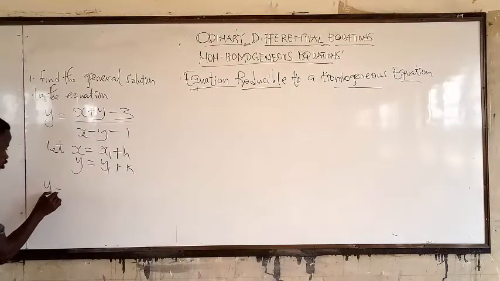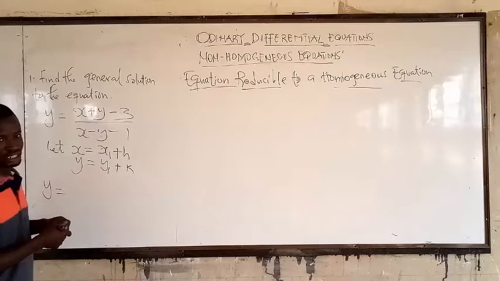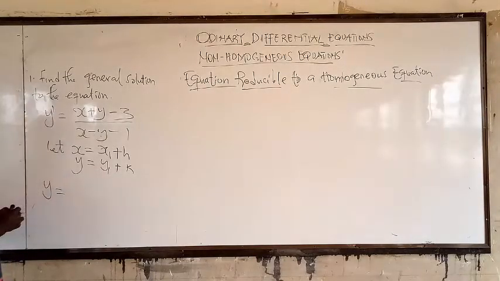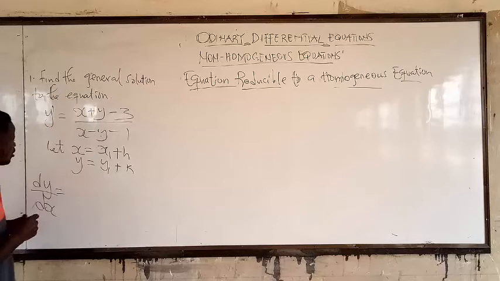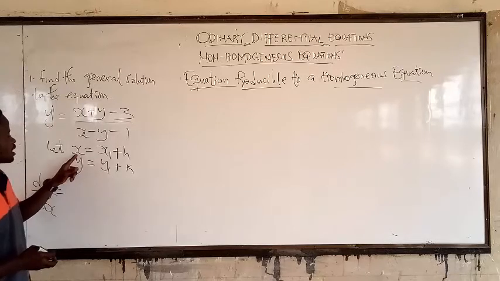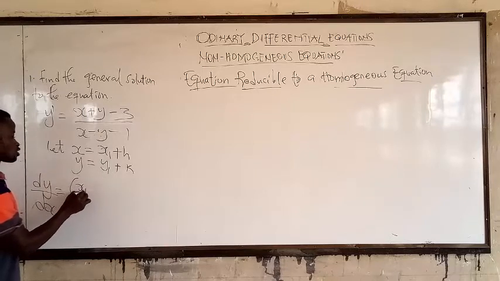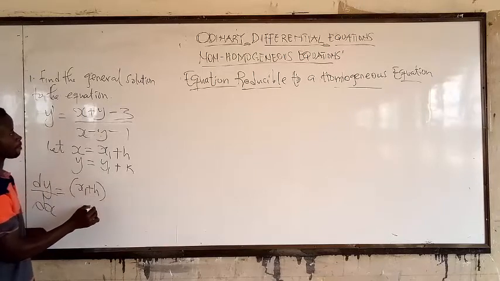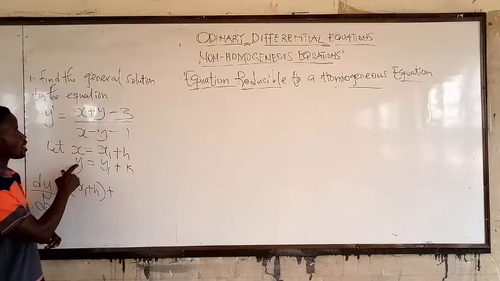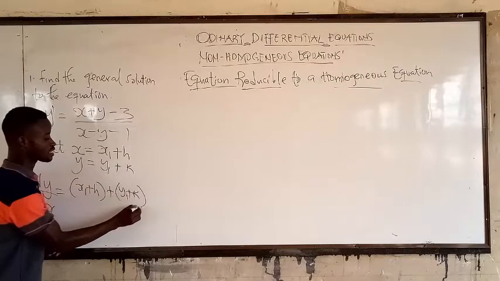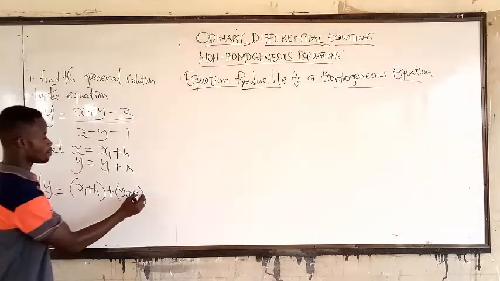Here is y prime. So you know that y prime is equal to dy1 over dx1. Yes. So wherever you see x, you replace it by this. So we get x1 plus h plus, wherever you see y, you replace it by this, y1 plus k, minus 3.